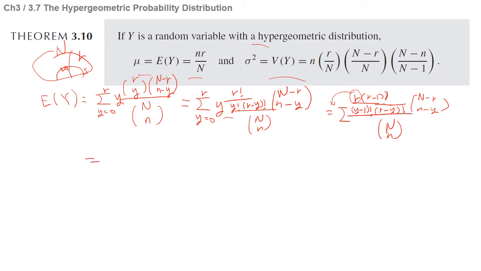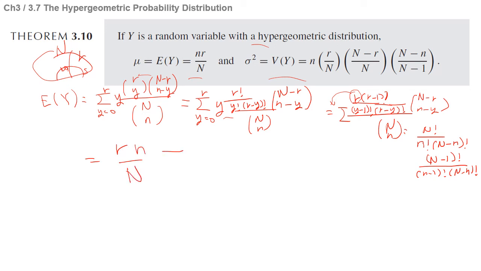We can move r here, and also from this N choose n, this is N factorial over n factorial times N minus n factorial. Here we can move one of the capital N outside and one of the small n outside, so this can be N minus 1 factorial times n minus 1 factorial, N minus n factorial, and one of N goes here, and so we have r n over N.